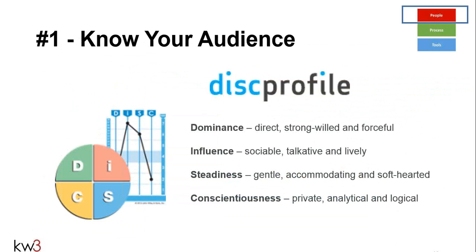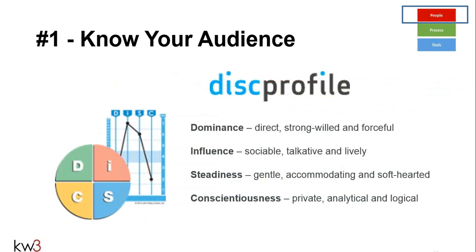What this particular methodology is, basically, is that you go through a questionnaire of 100 questions, and then it goes through an analysis of all your questions and responses, and it tells you how you're wired based upon dominance, influence, steadiness, and conscientiousness. And you can be high or low in any one of these categories.